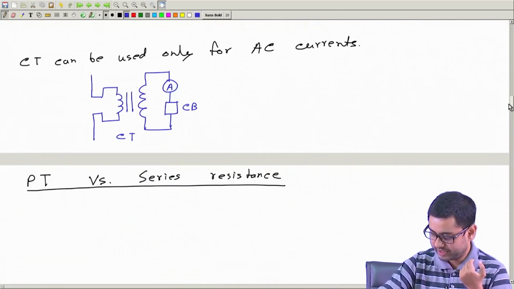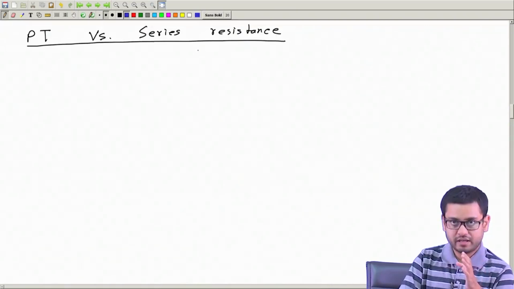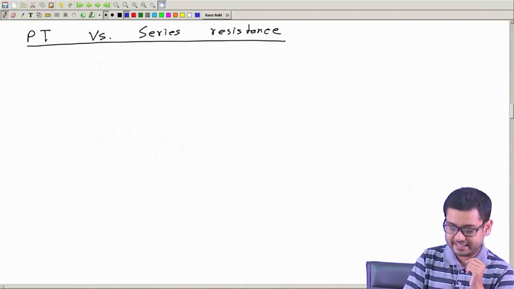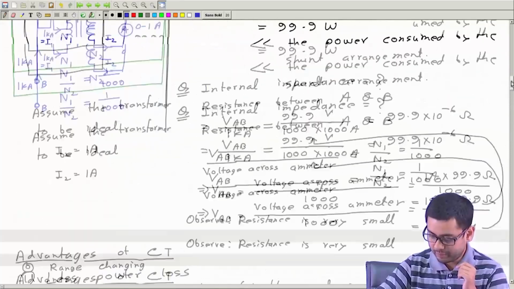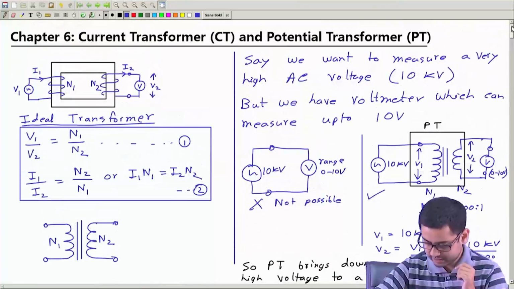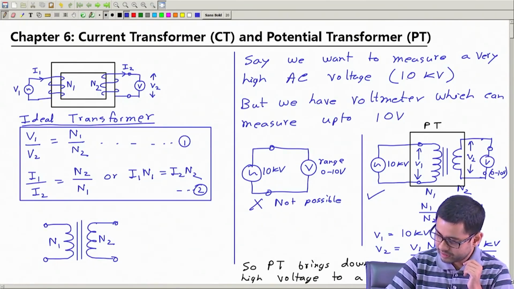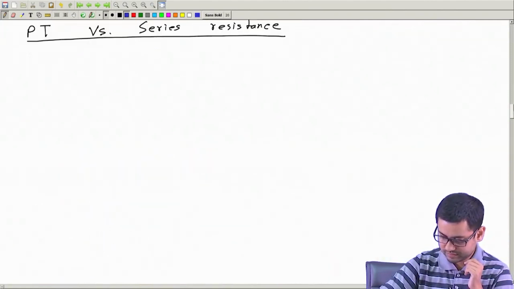Okay. Now, let us come to PT. So, we will do first a small analysis, a comparison between PT versus series resistance. So, let me take the example I had here. I want to measure a 10 kilovolt voltage and I have a 10 volt voltmeter. Okay.